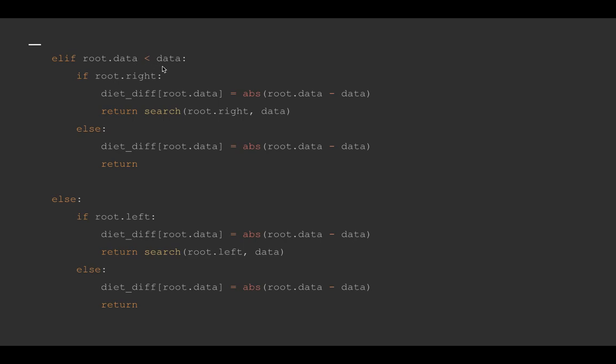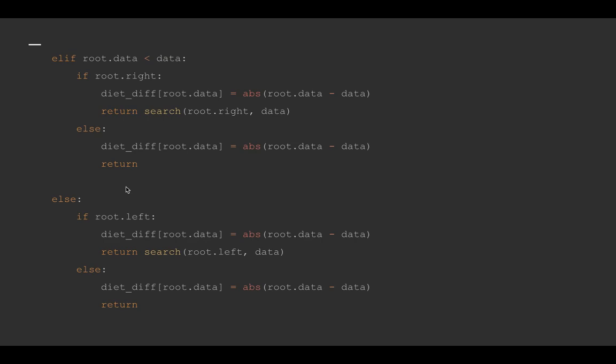Okay, so we are returning the search on root.right to recursively search on the right side of the root further. Okay, and in the else case, that means if there is no right part of the root, we are storing the key value pairs and returning from this function.